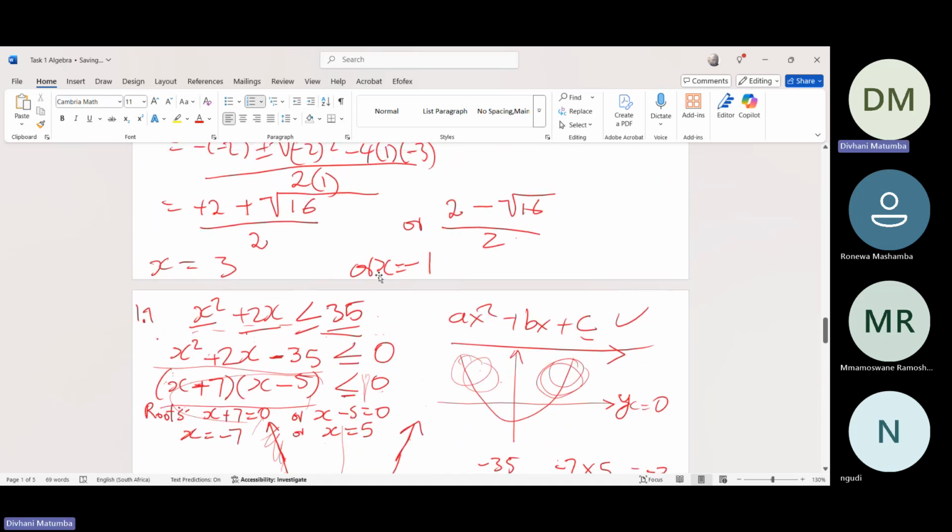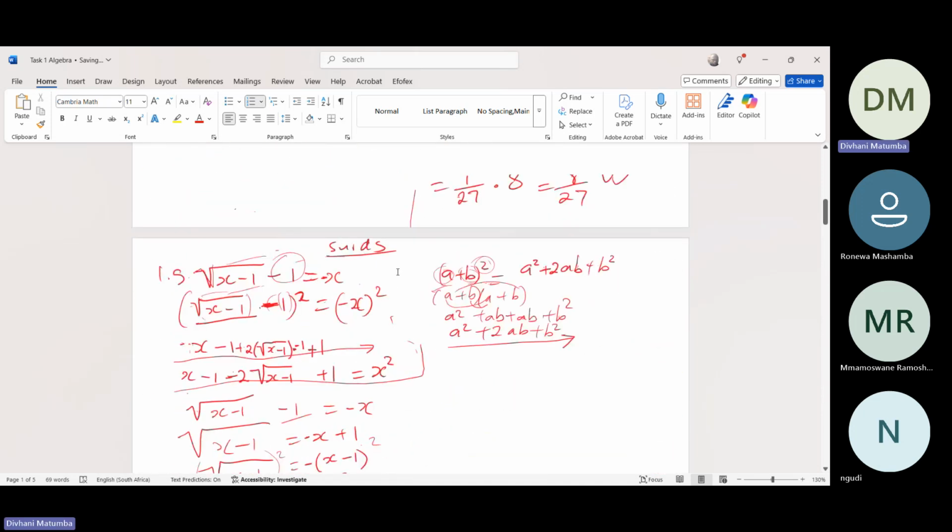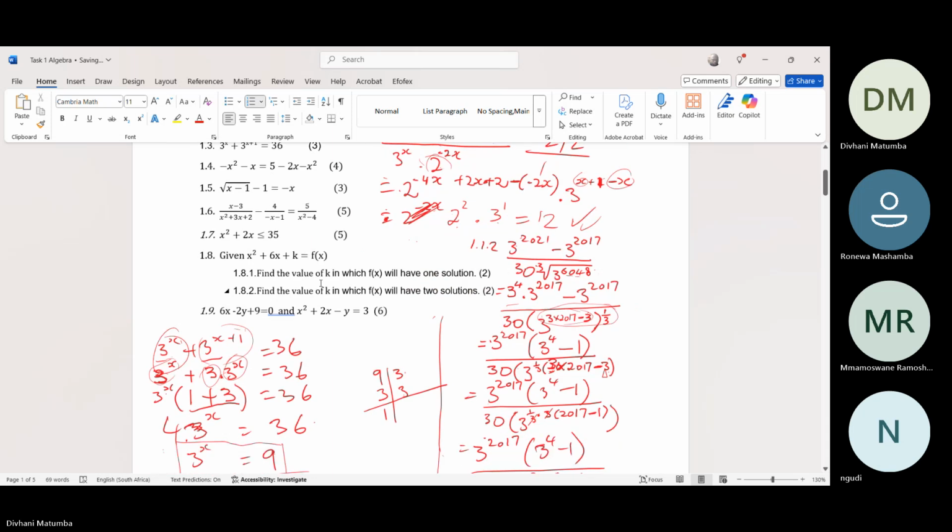Okay, let's go to the next question. The next question says, find the values of k in which f of x will have 2 solutions.